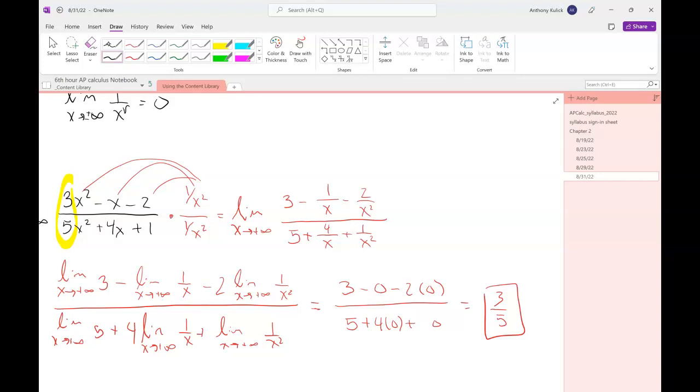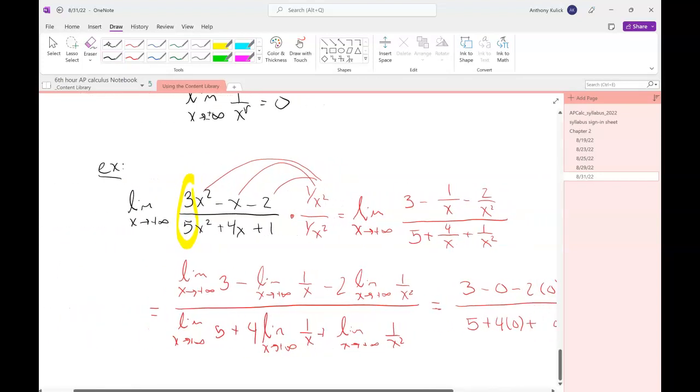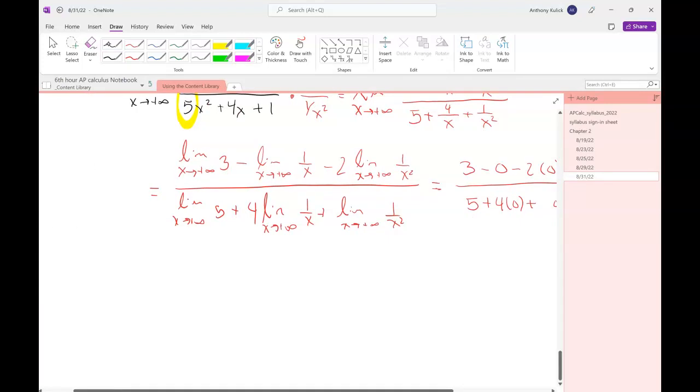What's going to happen if the degree in the numerator is less than the degree of the denominator? You get 0, right? And if the degree of the numerator is greater than the degree of the denominator, what happened in Algebra 2?